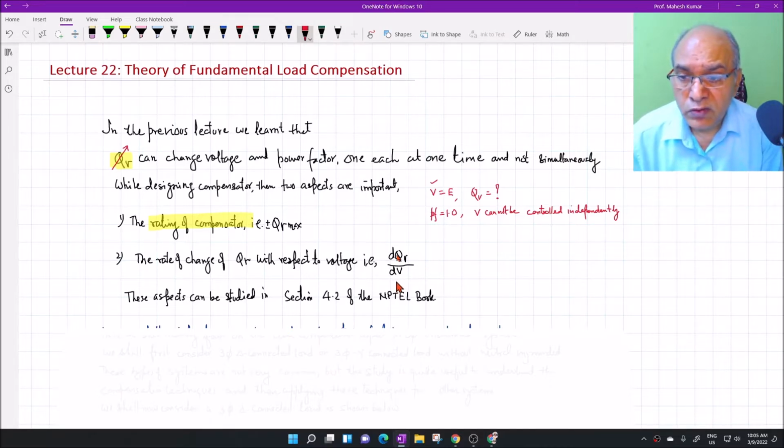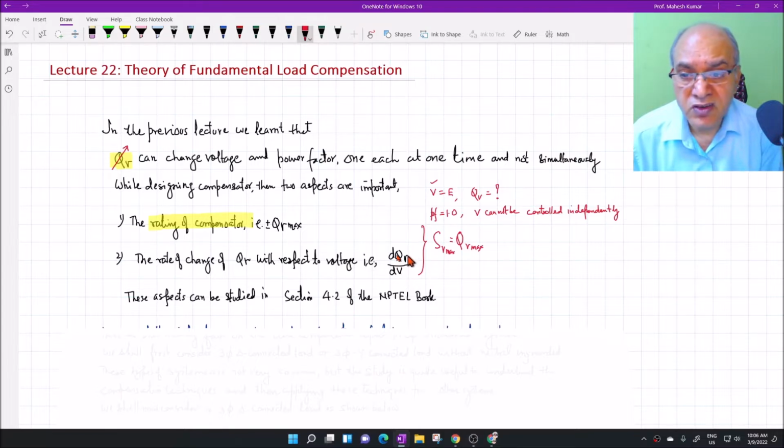In other words, when we design the compensator to meet these features, that is the power factor control or the voltage regulation, then we must be able to find out what must be the maximum rating, that is S gamma max, which is same as Q gamma max, because there is no real power. Second thing, at what rate this reactive power of the compensator can change with a variation in the voltage, that is dQ gamma by dV.